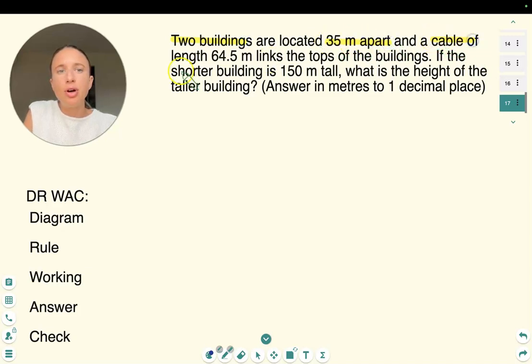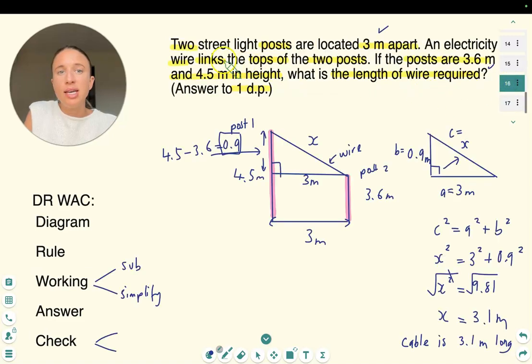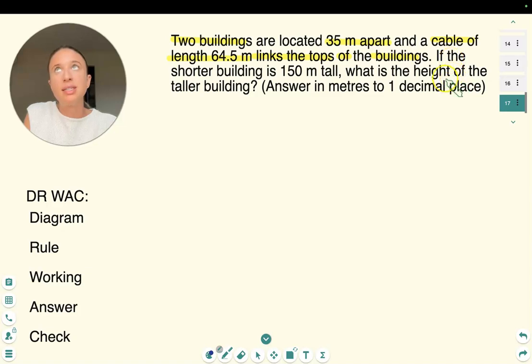A cable of length 64.5 meters links the tops of the buildings. With both of these problems, they're linking the tops of the posts, linking the tops of the buildings. This is the type of problem. If the shorter building is 150 meters tall, what is the height of the taller building? So we're finding a slightly different thing this time.